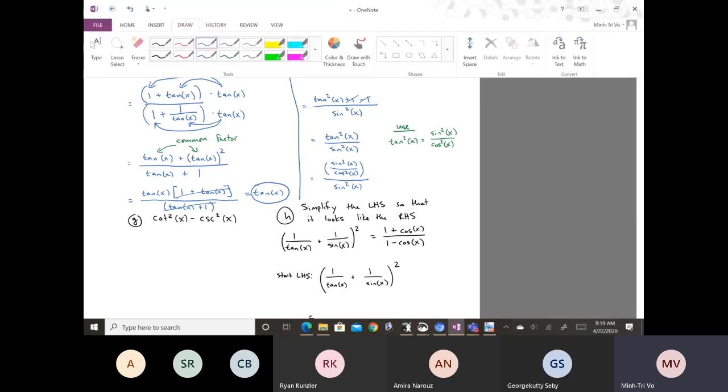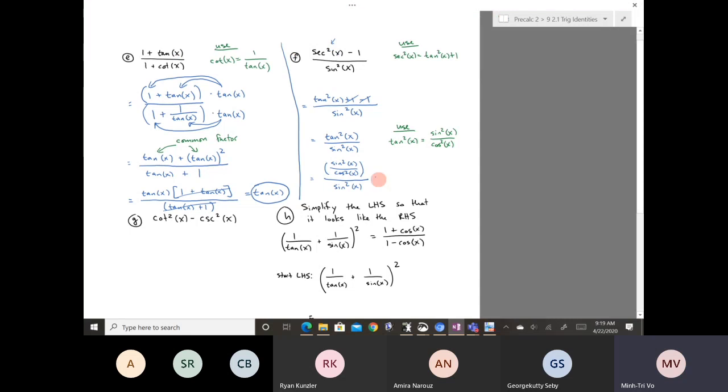And again, dividing by something is the same thing as multiplying by the reciprocal. So you have sine squared x over cosine squared x times the reciprocal of this, which is over 1, so the reciprocal is 1 over sine squared. And what am I left with? 1 over cosine squared. Kind of running out of space here.